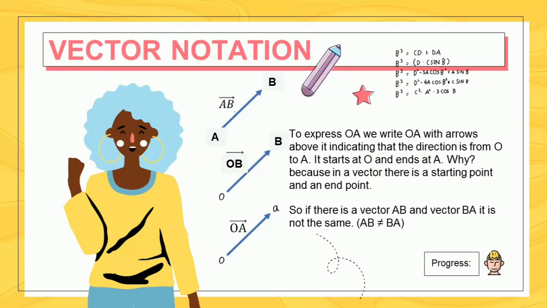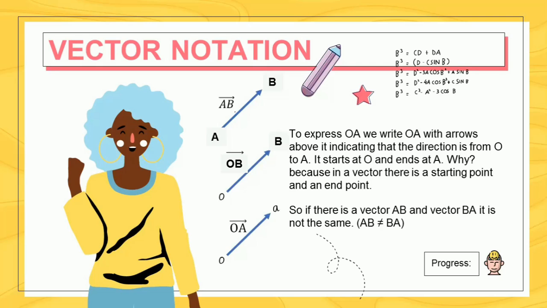Vector notation. Next, let's discuss vector notation. For vector notation, it is usually stated, for example, to express OA, we write OA with an arrow above it, indicating that the direction is from O to A. It starts at O and ends at A. Why? Because in a vector, there is a starting point and an end point.